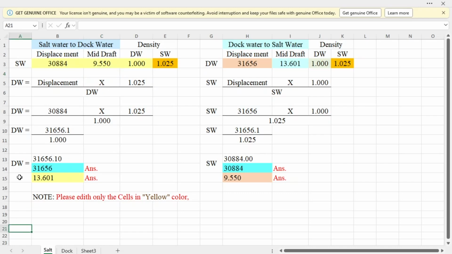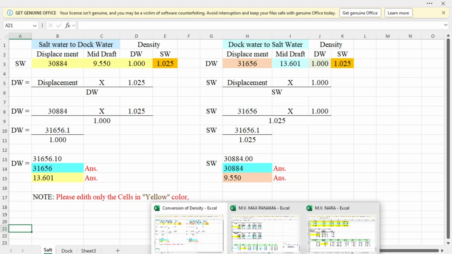To get the fresh water displacement, this is your salt water displacement times 1.025 over your fresh water density. So your displacement is 30884 times constant of 1.025 over your fresh water density, which is 1.00, and your fresh water displacement is 31656. Okay, 31656.